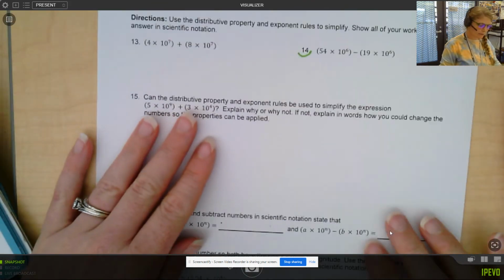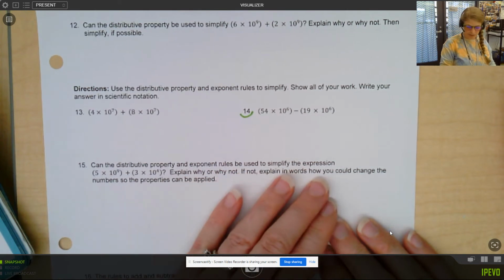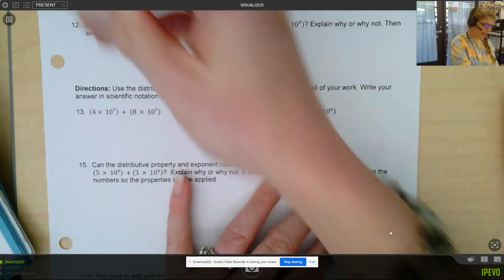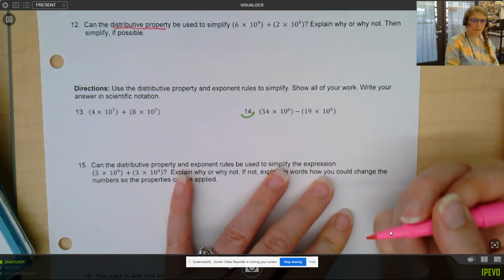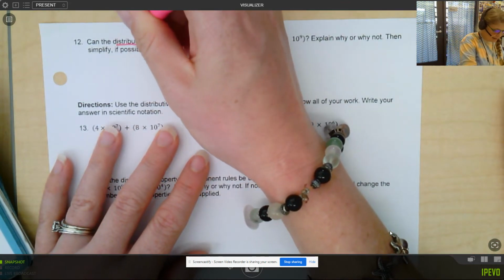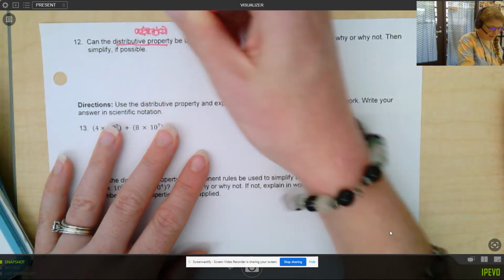So the last page talks about, can the distributive property be used to simplify this sum, this addition? So remember, we've been dealing with commutative property with multiplying and dividing, and now we're going to look at adding and subtracting, and we're going to be looking at distributive property. So remember, distributive property says if you have A times X plus B, actually let's do X on the outside.